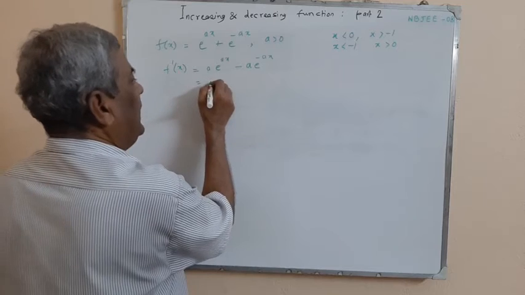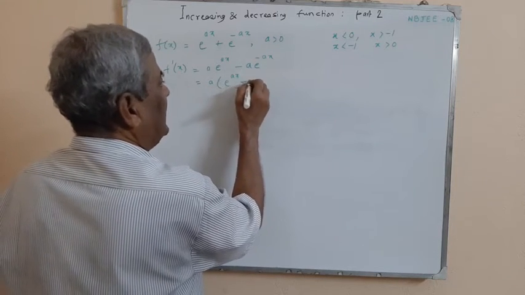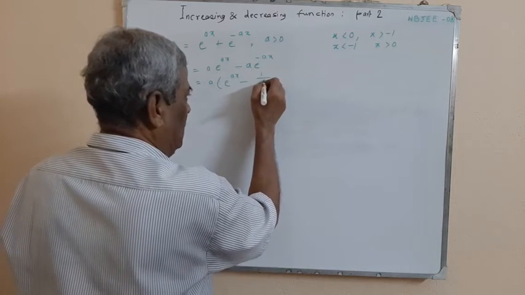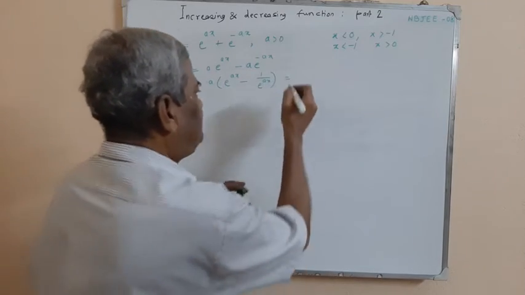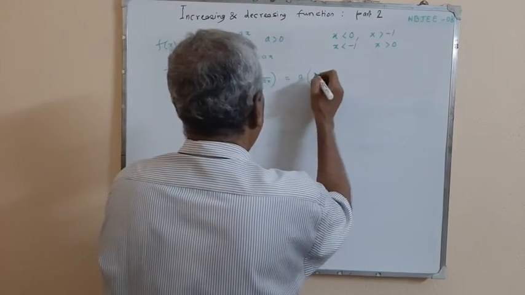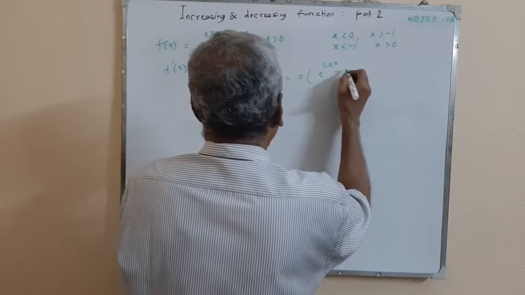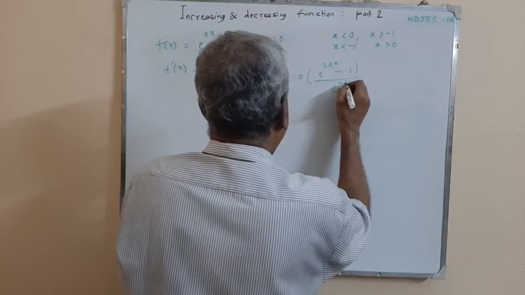It is equal to a into e to the power ax minus e to the power minus ax, that is 1 upon e to the power ax, is equal to a into e to the power 2ax minus 1 divided by e to the power ax.